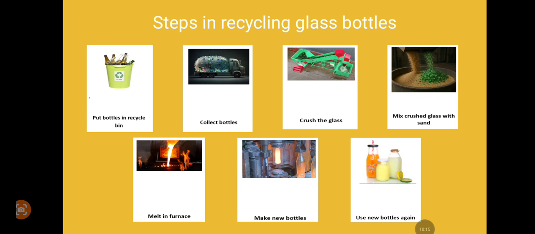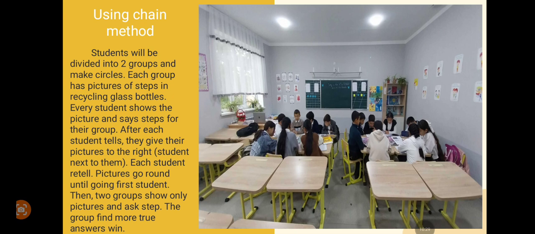During the lesson, students learn recycling steps and new vocabulary related to content, and they will have language development. I tried to use the chain method for this lesson. Students will be divided into two groups and make two circles.